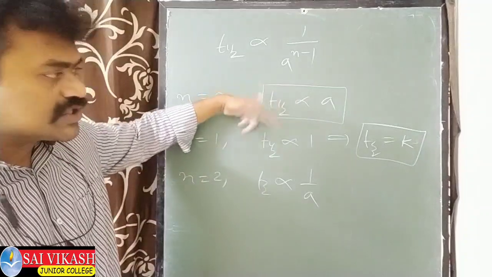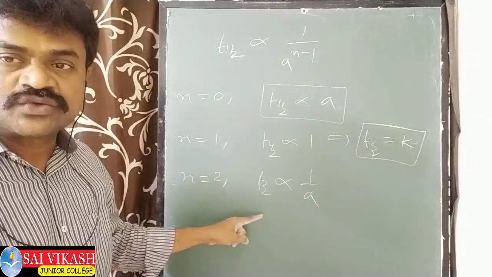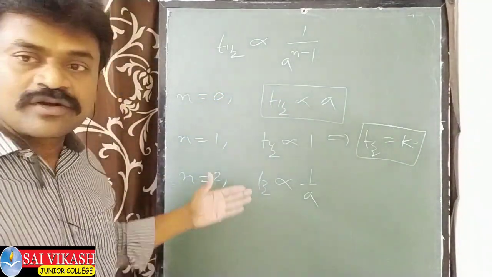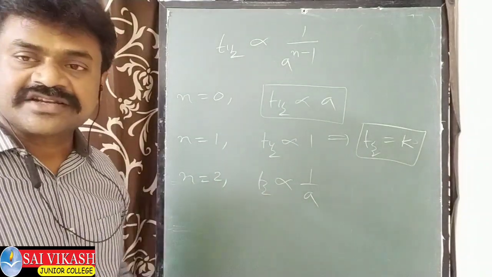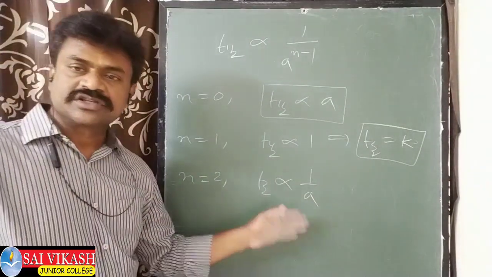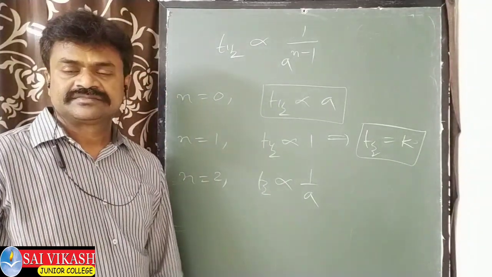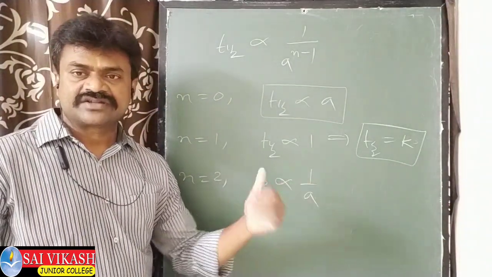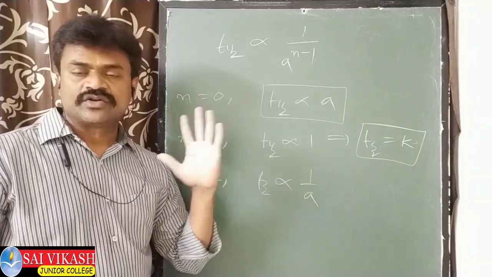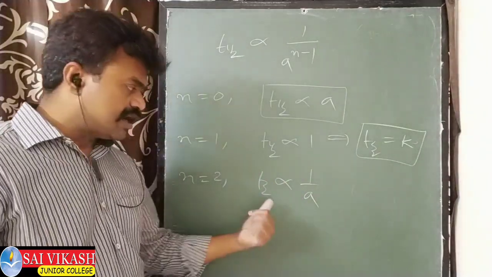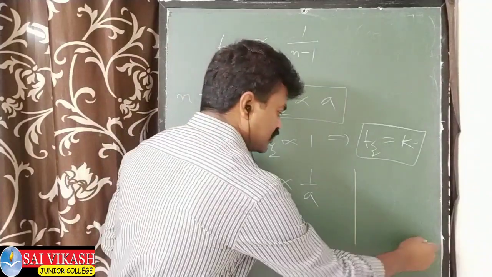For these I have also given the graphs. For the second order, the graph between half-life and initial concentration is inversely proportional, so it decreases and the graph will come like this. Yes, let's draw the graph.